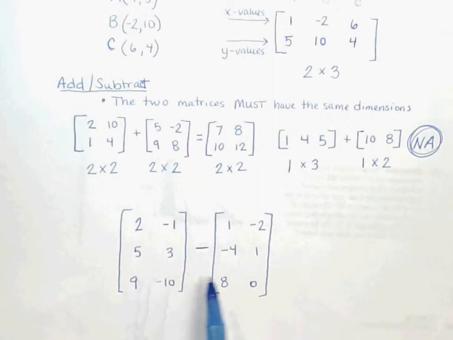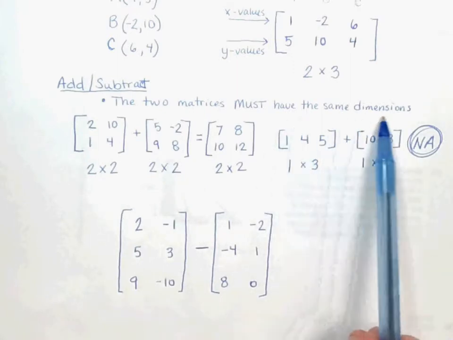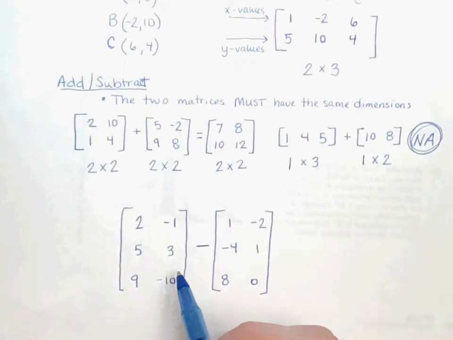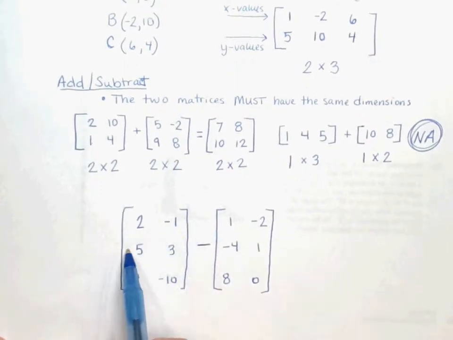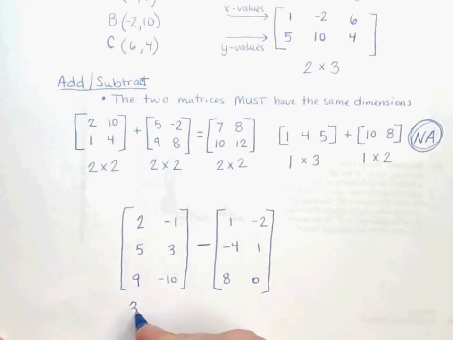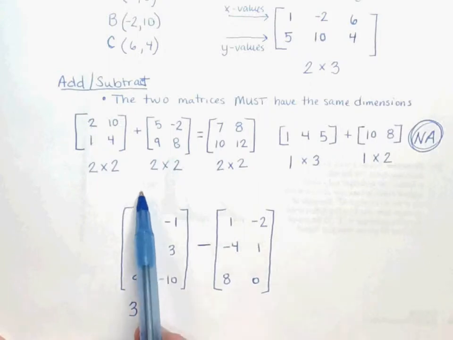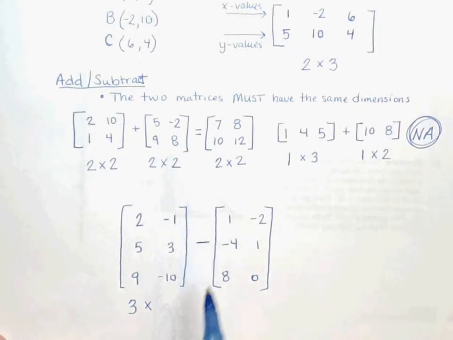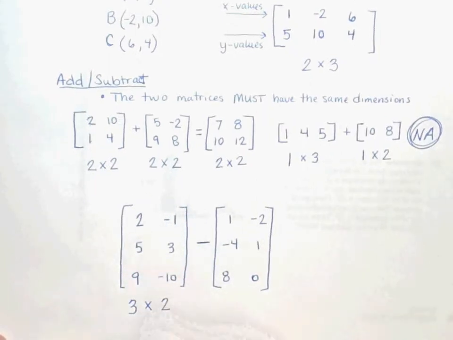So we've got these two matrices, and we're going to see if we can subtract them. The first thing we've got to do is see if they have the same dimensions. Well, this one has 3 rows and 2 columns, so it's a 3 by 2 matrix.